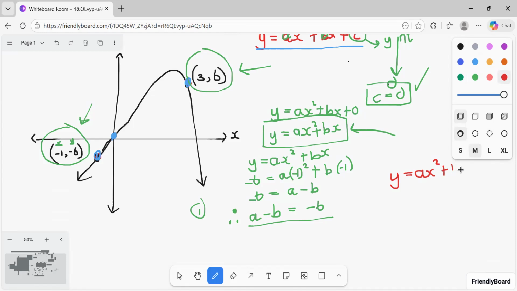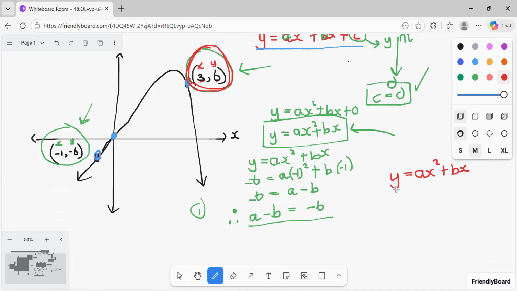This is the equation that I'm going to sub into. So what am I substituting? I'm substituting this point here, which I'm circling in red. So 3 is my x, 6 is my y. Where there is x, I'm going to put 3. Where there is y, I'm going to put 6.